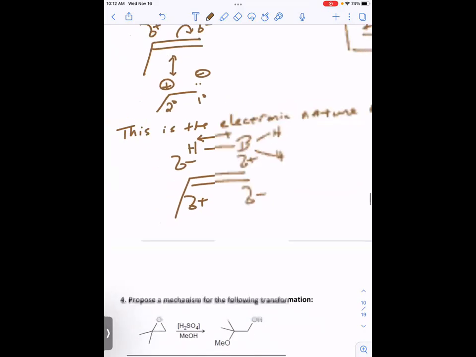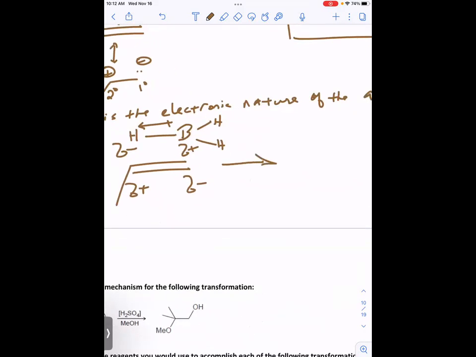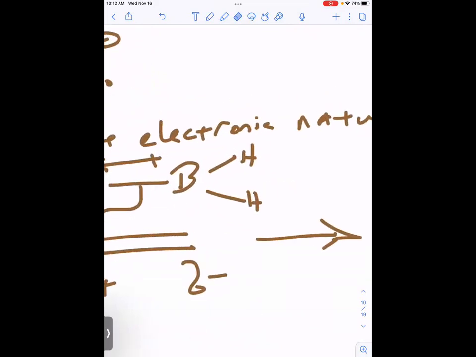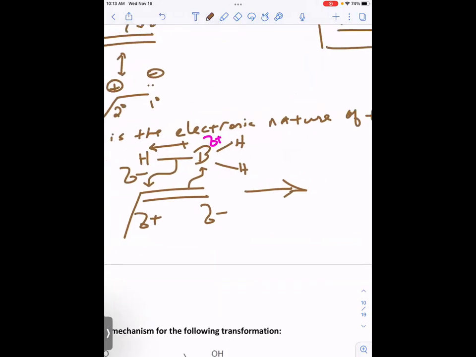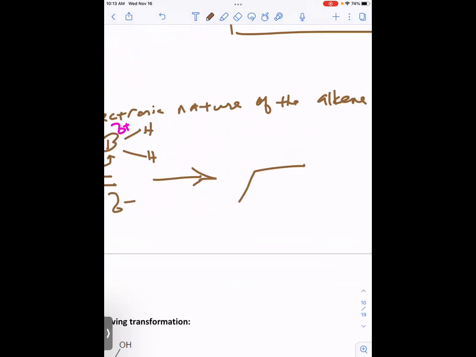So this is why it's anti-Markovnikov, because when you hydroborate the bond, this is coming here, and this pair of electrons is coming here, like that. Right, so over here, I'm going to get this, where hydrogen is here, and boron is here.